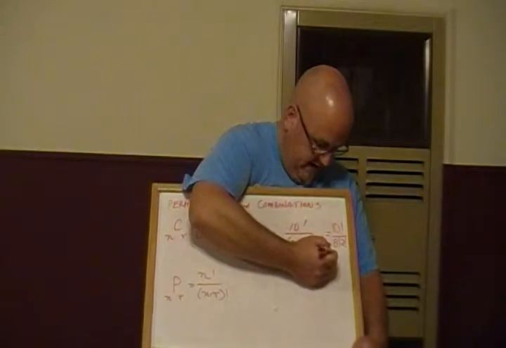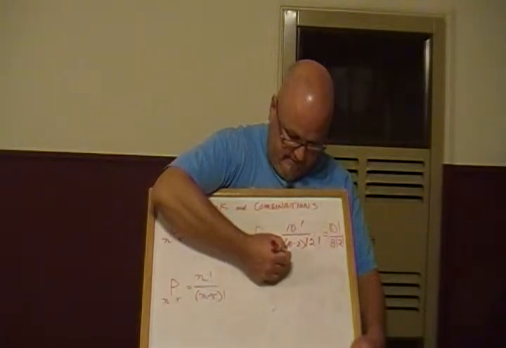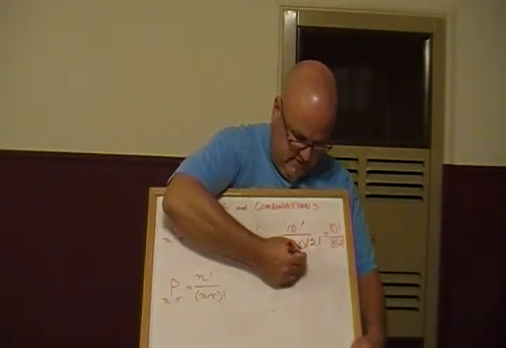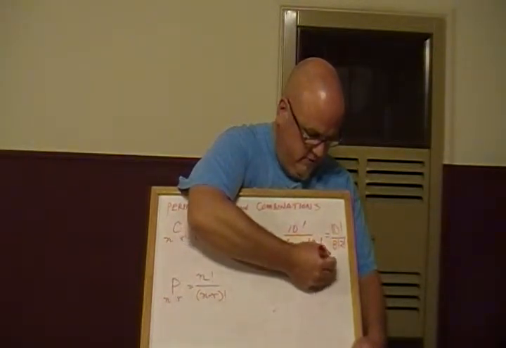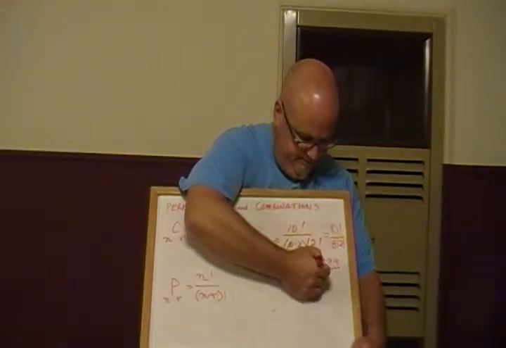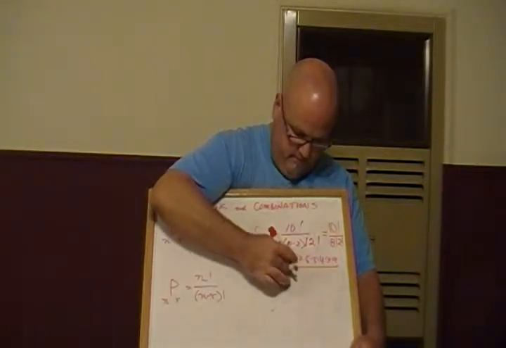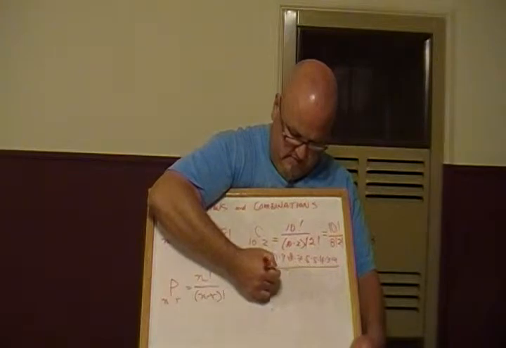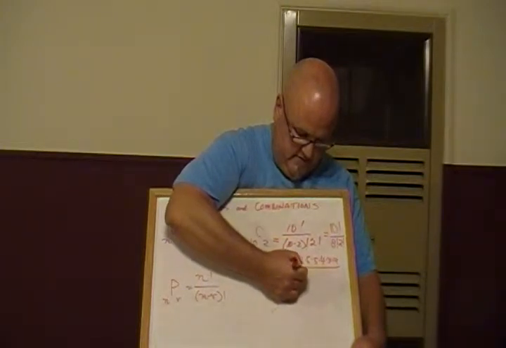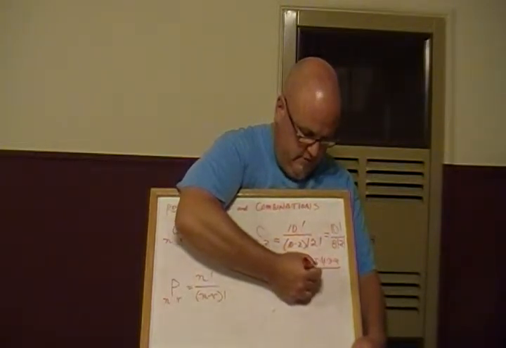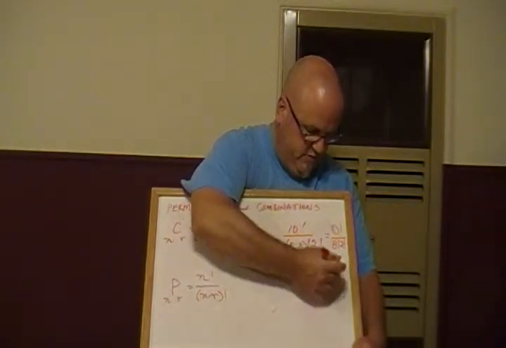So it equals 10 times 9 times 8 times 7 times 6 times 5, 4, 3, 2, all over, now what's 8 factorial? 8 times 7 times 6 times 5 times 4 times 3 times 2, times an additional 2 factorial over here, which is 2 times 1, which is just 2.